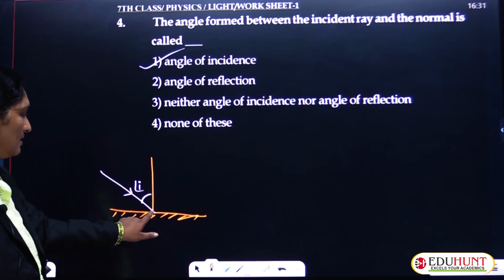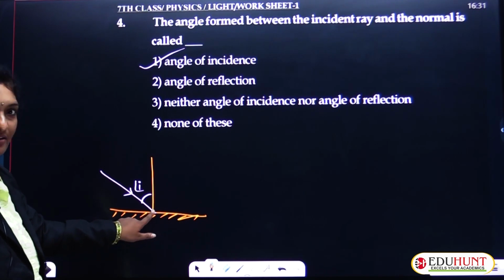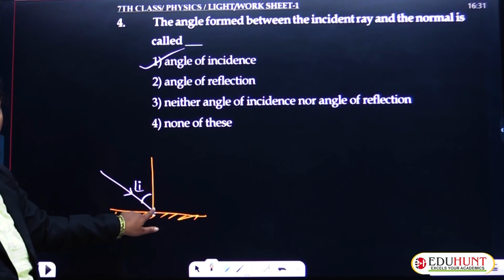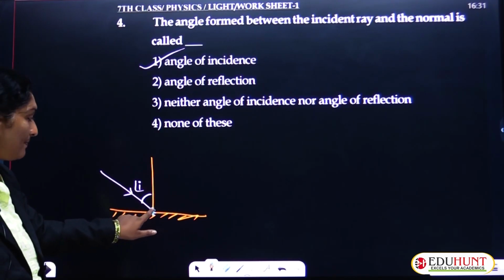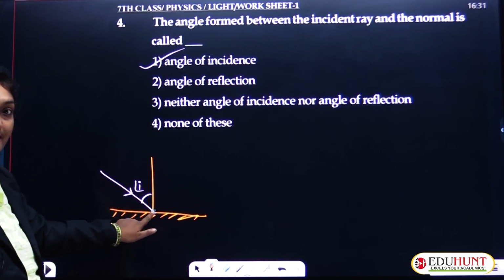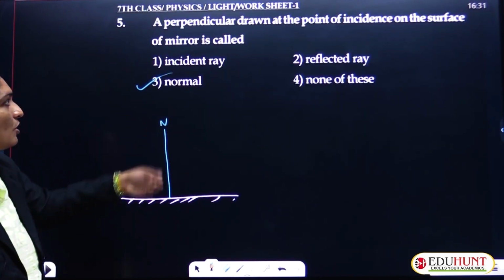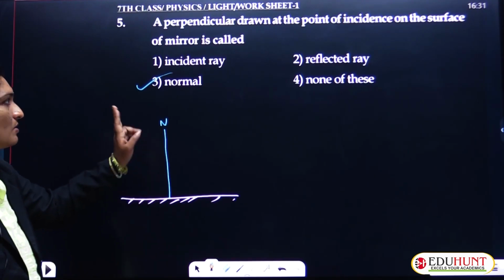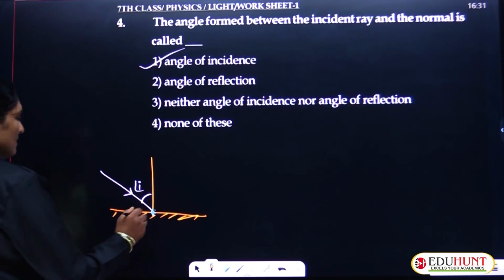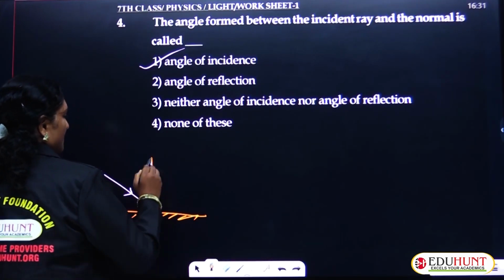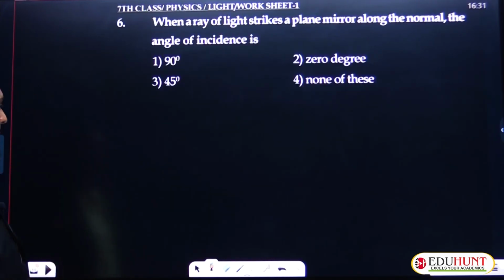And this point where the incident light ray strikes the surface is called the point of incidence, because this is the place where the incident ray strikes the mirror. So the perpendicular drawn at the point of incidence is called the normal.